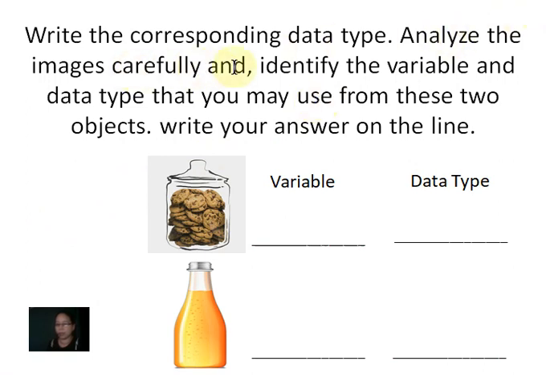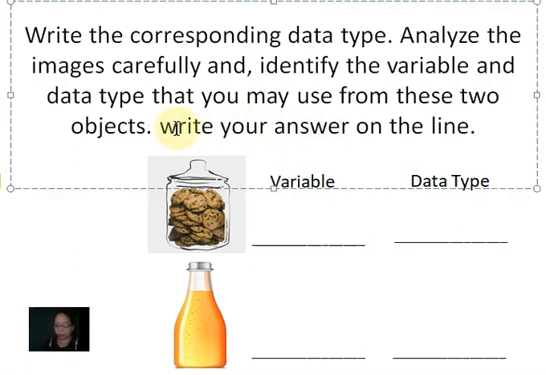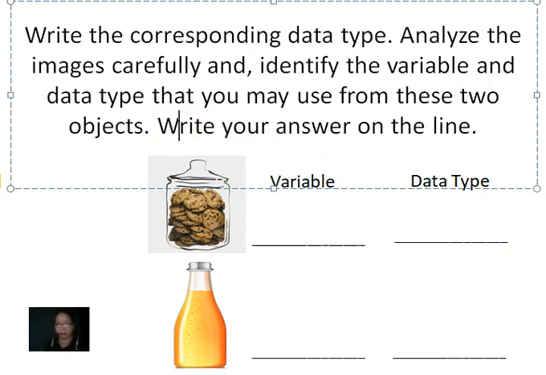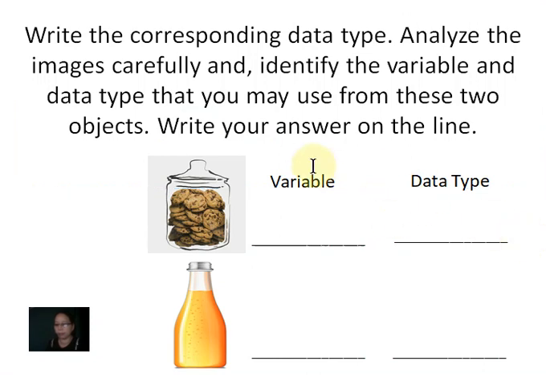Analyze the image carefully and identify the variable and data type that you may use from these two objects. Write your answer on the line. This line is for the variable and another line for the data type.